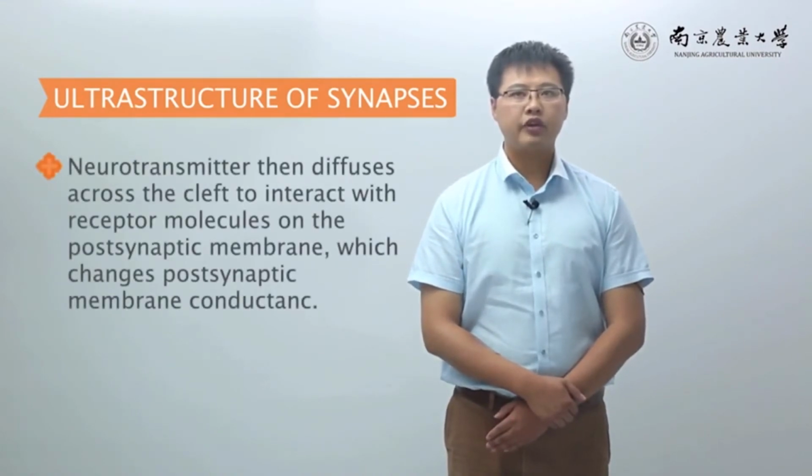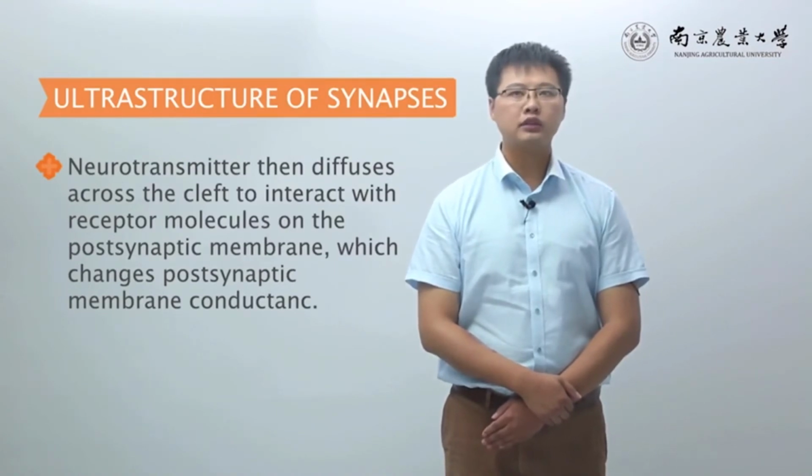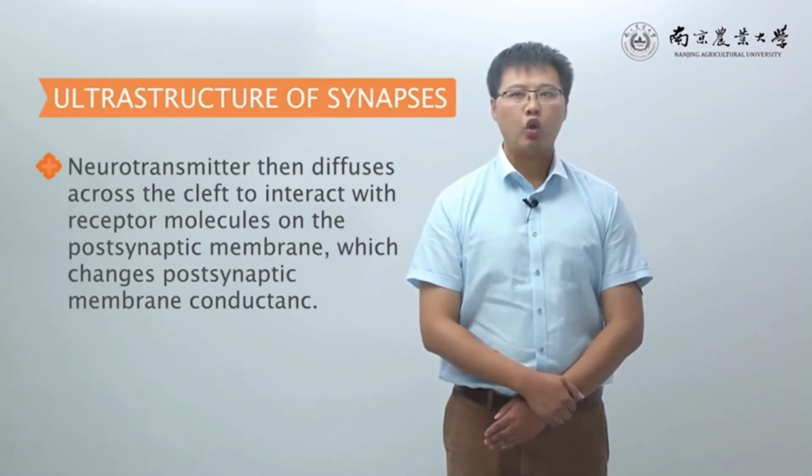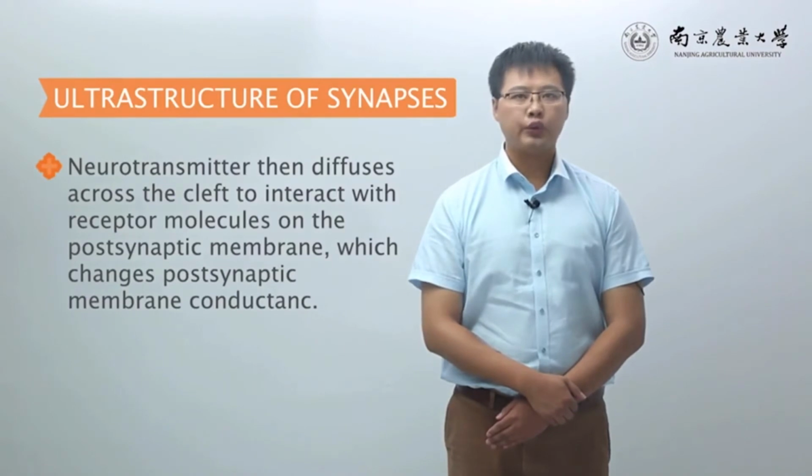Neurotransmitter then diffuses across the cleft to interact with the receptor molecules on the postsynaptic membrane, which changes postsynaptic membrane conductance. Mitochondria, sacs of smooth endoplasmic reticulum, microtubules, and neurofilaments are also seen in axon terminals.